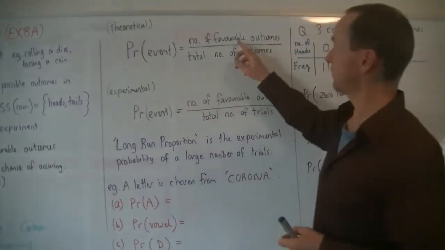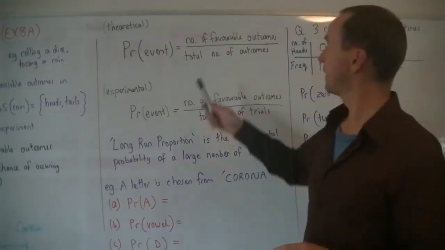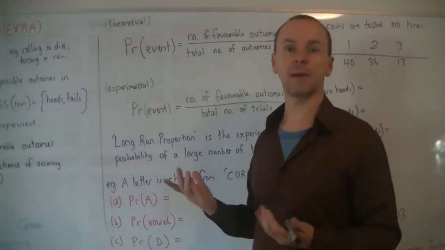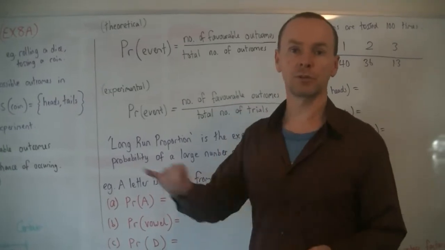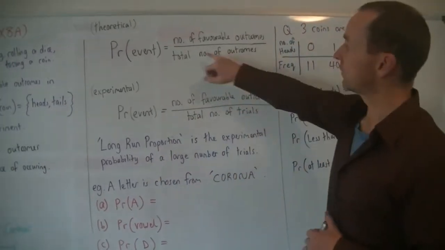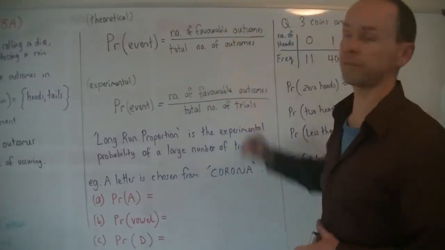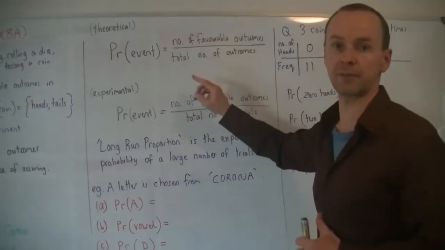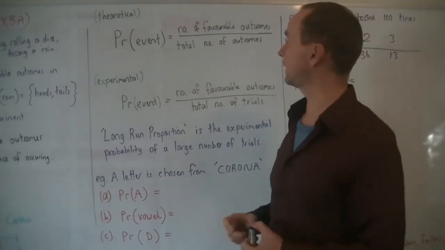So getting a 6. So there's one chance of getting a 6 over the total number of outcomes. How many outcomes are there? Or another way is what's the sample space? 1, 2, 3, 4, 5, 6. There's 6 chances. So the probability of getting a 6 is 1 out of 6. Or the probability of getting a 2 on a dice is 1 out of 6. Because there's one chance out of 6.